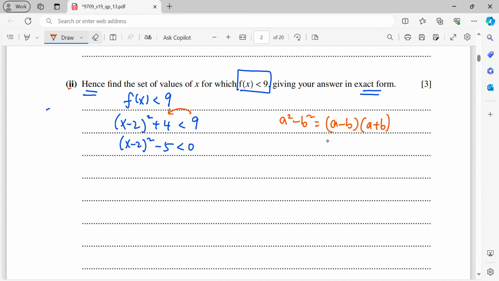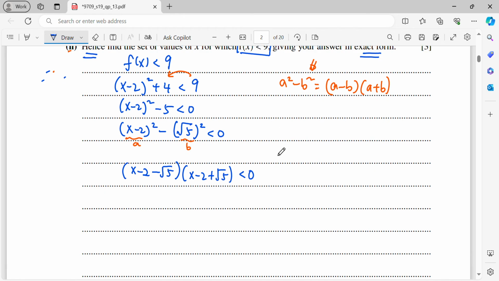From here, the 5 I can change to the square of square root 5. When I compare, this is my a and square root 5 is the b in this formula. Then I will be getting x minus 2, which is my a, minus square root 5, then x minus 2 plus square root 5, less than 0.